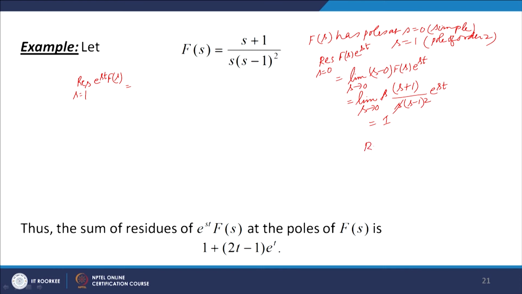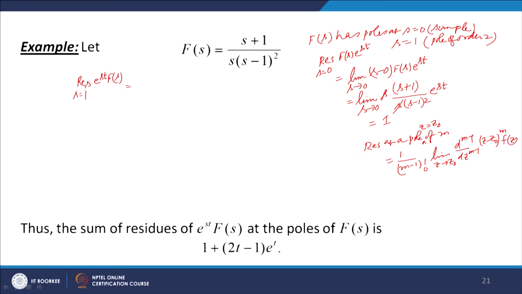Now, the residue at a pole of order m has the following formula: 1 over (m minus 1) factorial. The residue at a pole z equal to z naught of order m, we have the limit as z tends to z naught of d^(m minus 1) over dz^(m minus 1) of (z minus z naught) to the power m into f(z).